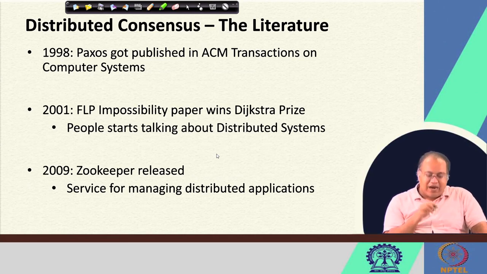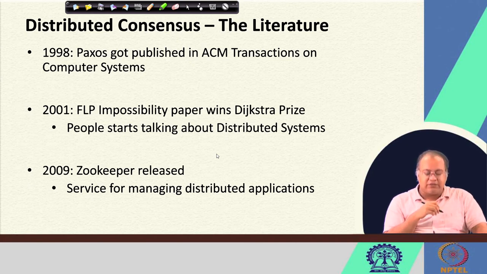Around 2001, the FLP impossibility paper won the Dijkstra prize, and around that time people started talking about distributed systems. Once people got convinced about the correctness of Paxos, they started thinking that distributed systems can really provide benefit and that it is possible to have one. Around 2009, Zookeeper was released, which is one of the finest distributed systems.